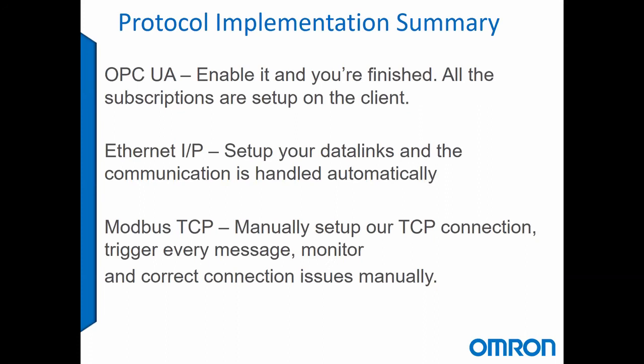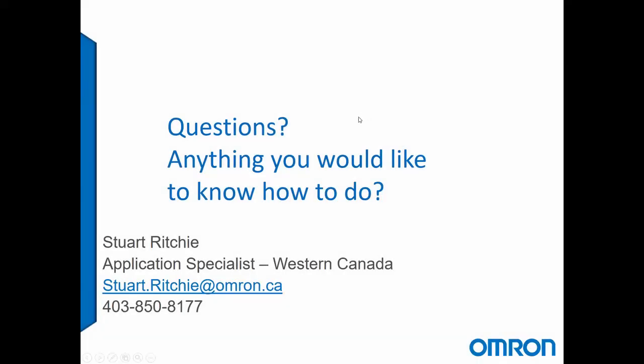And that's essentially it, from OPC UA being super simple to Modbus TCP being a bit more involved and a manual process. Those are a few examples of how we communicate with Sysmac. So are there any questions or anything you'd like to see as far as the communications go on these?